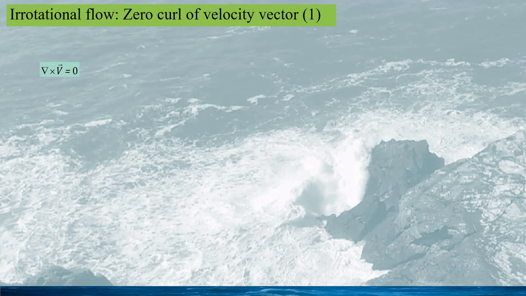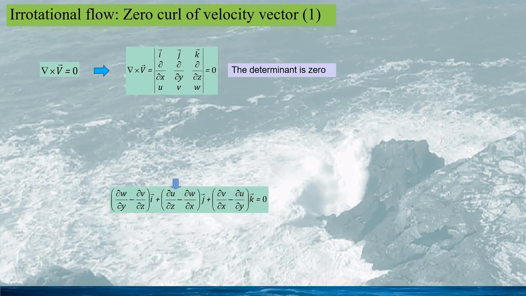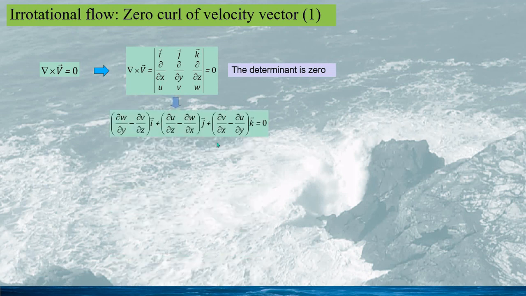For the irrotational flow, the curl of the velocity vector is 0. This means this determinant is 0, and this corresponds to an equation like this. To make sure the equation is satisfied, all the components along the three directions must be 0.